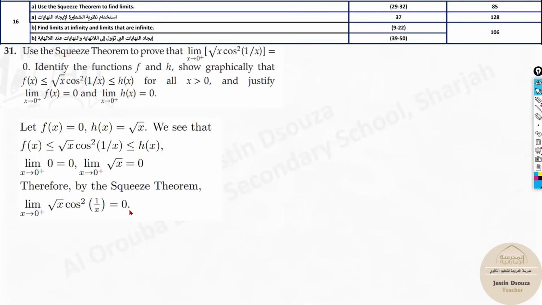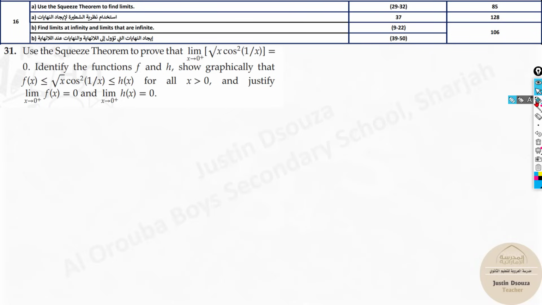So let's do it in writing, because whatever is there in the solution part is not good enough. So follow what I'm doing now. And this can be related and you can solve any other problems as well. Here, the range of cos squared 1 by x is less than or equal to 1 and greater than or equal to 0.